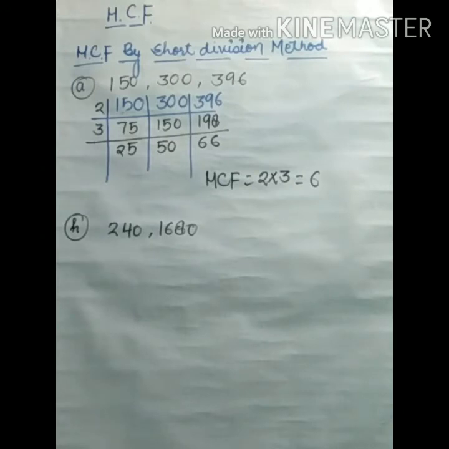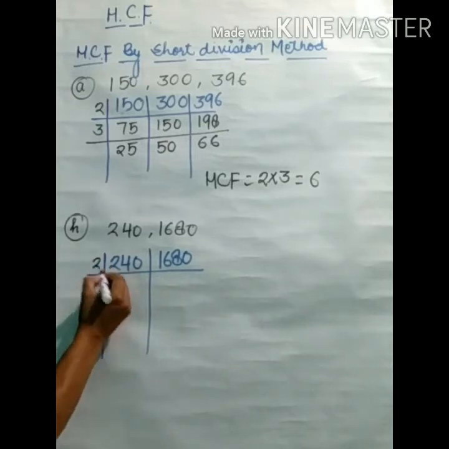So we select only those prime numbers which can divide all the numbers. Now next question, 240 and 1680. Here also we will see such a number which can divide both. That number is 2.